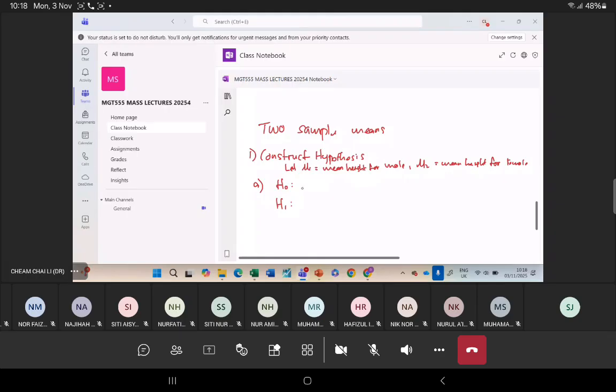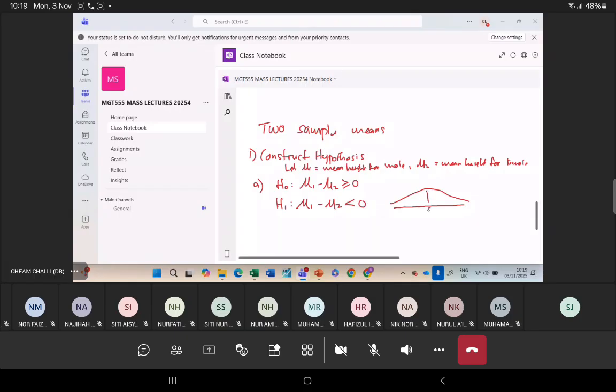So the first scenario is you can have this situation, mu1 minus mu2 is greater than or equal to 0. Okay, if you write it this way, then your alternative hypothesis must be mu1 minus mu2 is less than 0. Okay, so kalau situasi macam ni, sama dengan hypothesis yang pertama kita lukis tadi.